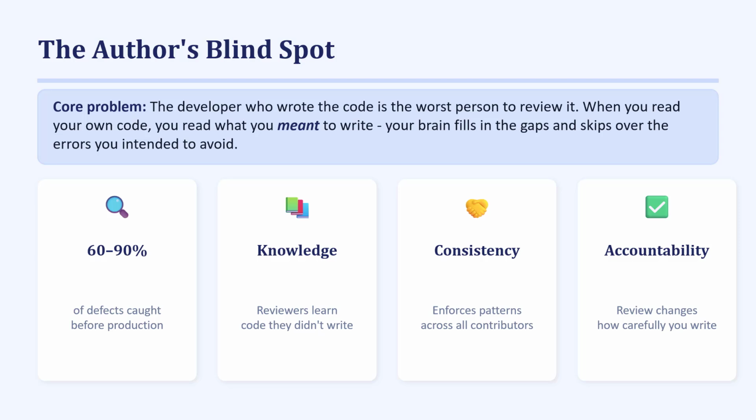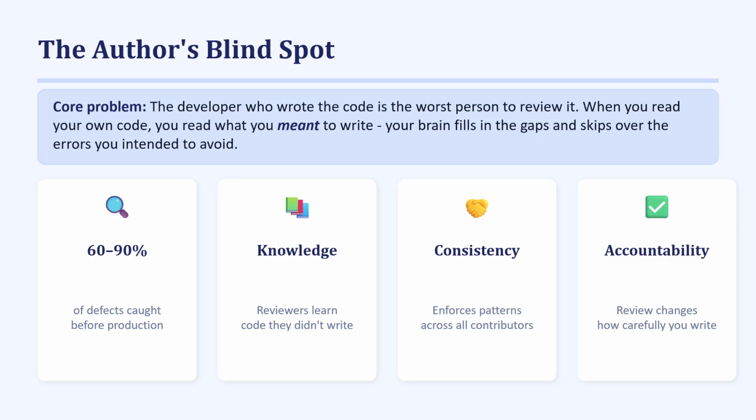So when you compare that to testing alone, testing is excellent at confirming what code does, but only code review catches why it does something and whether or not it does the right thing and whether it will cause problems down the road. So bugs caught in review cost essentially a fraction of bugs caught in production, and fixing a defect before it ships is always cheaper than fixing it later.